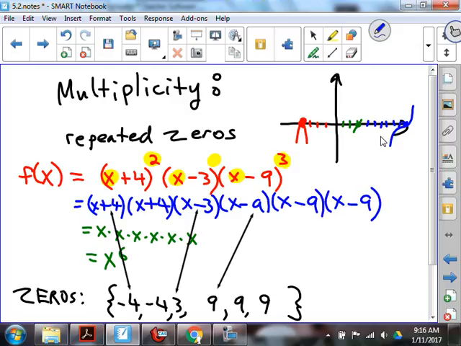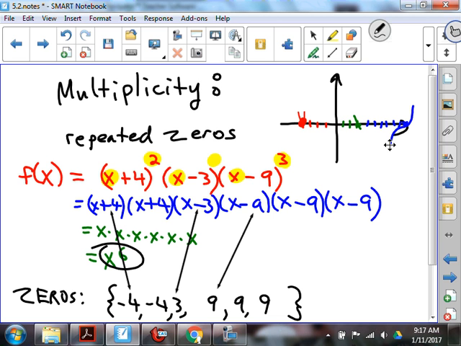The first term we said was x to the 6th. Positive, it's going to be going up on the right. Even, it's going to do the same thing on the ends. So what's the end behavior of this graph? Up and up. So the graph's probably going to look something like this over here. We said it's going to look like a line on the other side, so probably something like that there.